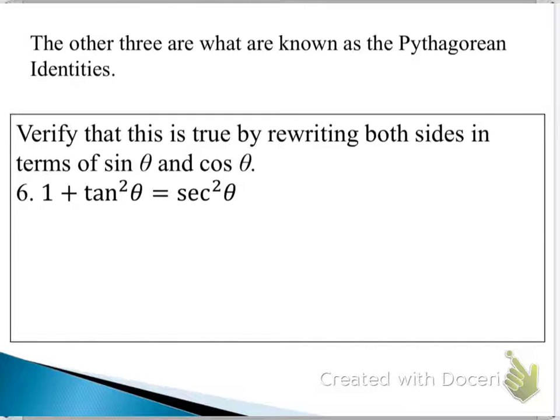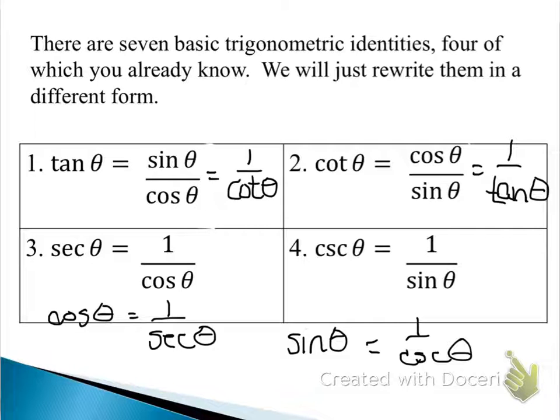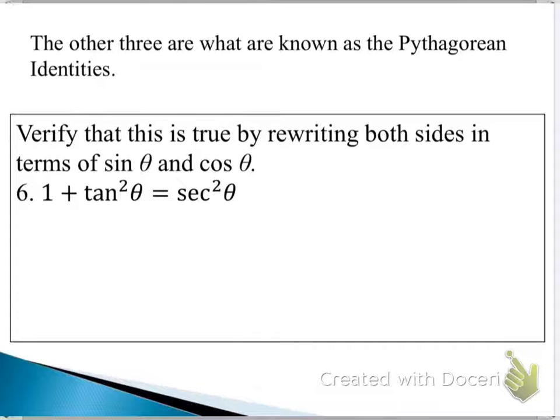We're going to get all of this in terms of sine and cosine. Just remember, a while back, tangent theta is sine theta over cosine theta. So we're going to use that identity. I can't always refer back, but I want you to have your notes in front of you so that you can see this.